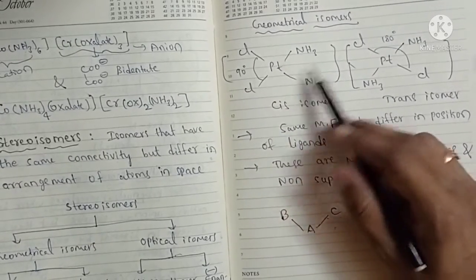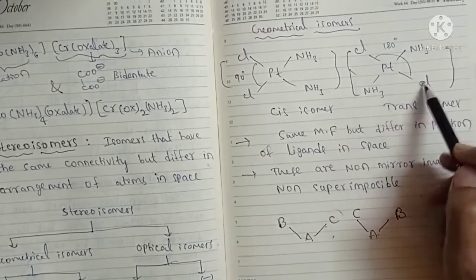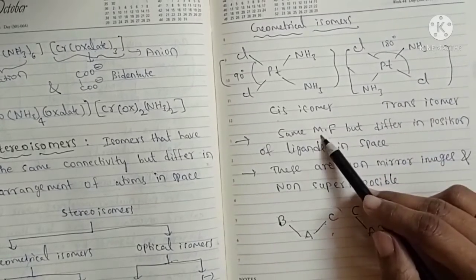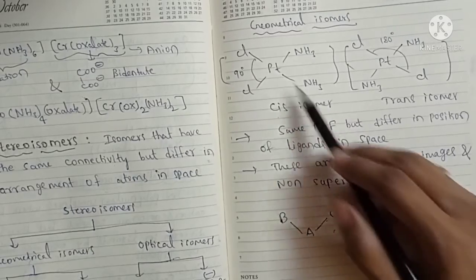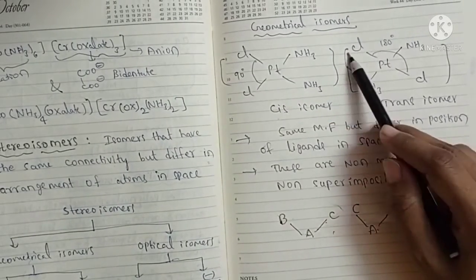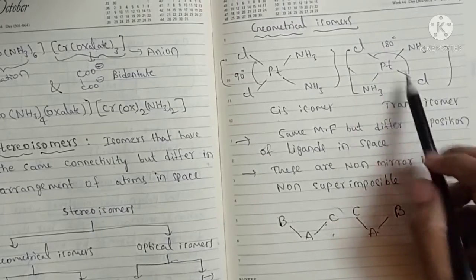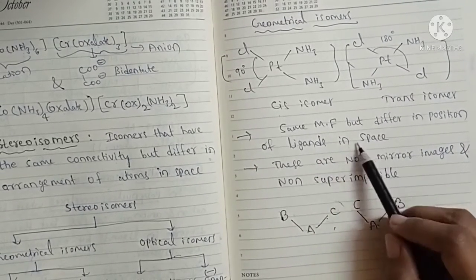The same-side isomer is called the cis isomer, and this is the trans isomer. Here the chlorines are on the same side at a 90 degree angle, but here at 180 degrees. So they differ in position in space.